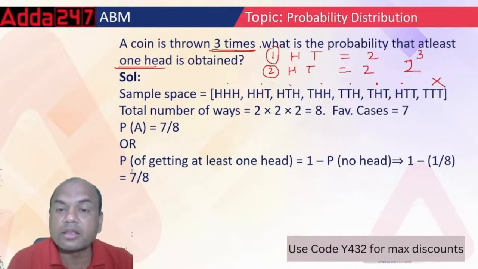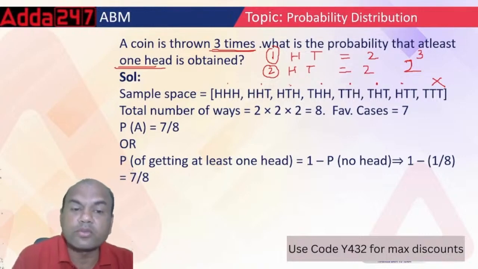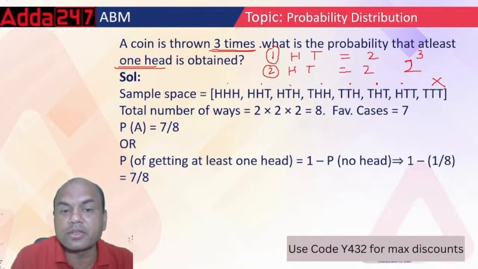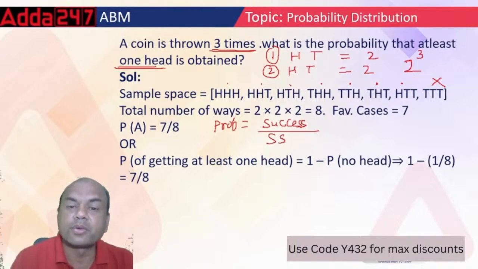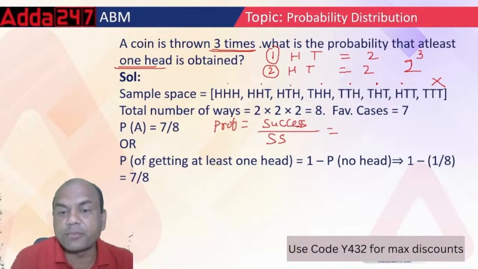So how many are the required successes over here? At least one head. So what is the formula for probability? Probability equals success upon sample space, the total number of sample points. So what is the sample space over here?